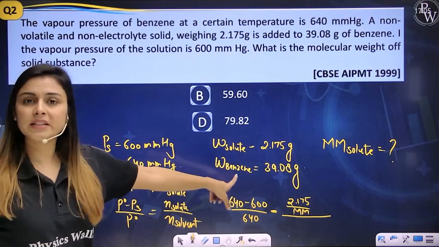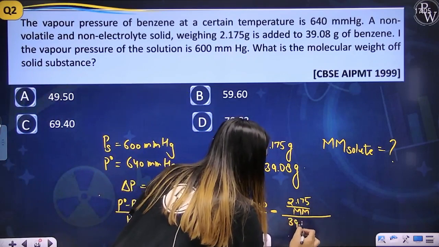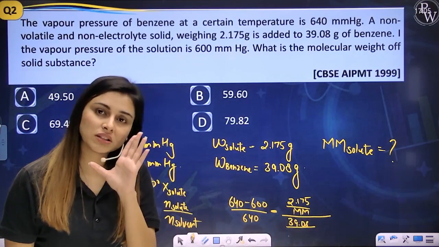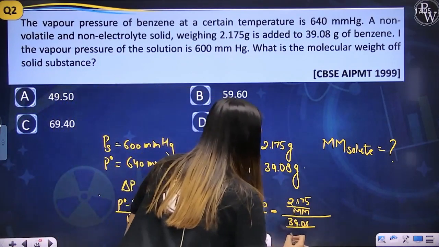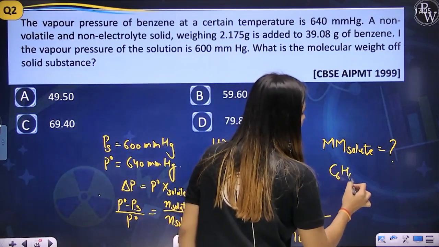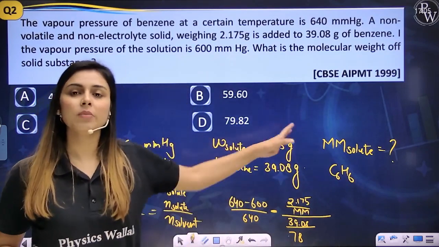Your solvent is benzene, whose mass is given, 39.08, divided by the molar mass of benzene. My dear students, the molar mass of benzene is 78 grams per mole, which you need to know. Benzene is C6H6, and you can calculate its molar mass.